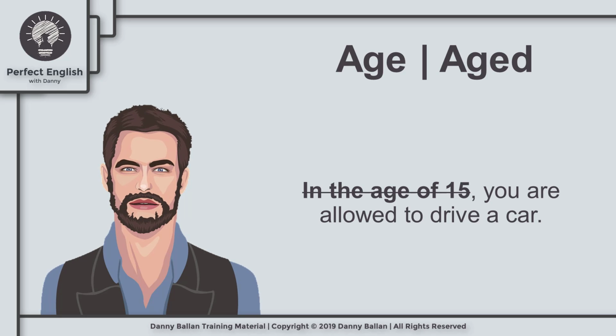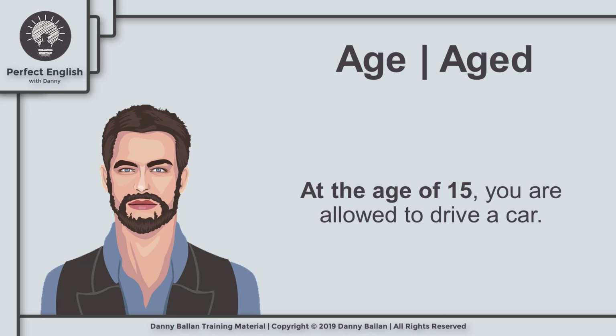Now, the phrases with age as their main word usually begin with at, not in. For example, we say keeping fit is very important at your age, or some girls get married at a very young age. So we should go back to the sentence and fix it by saying at the age of 15, you are allowed to drive a car.